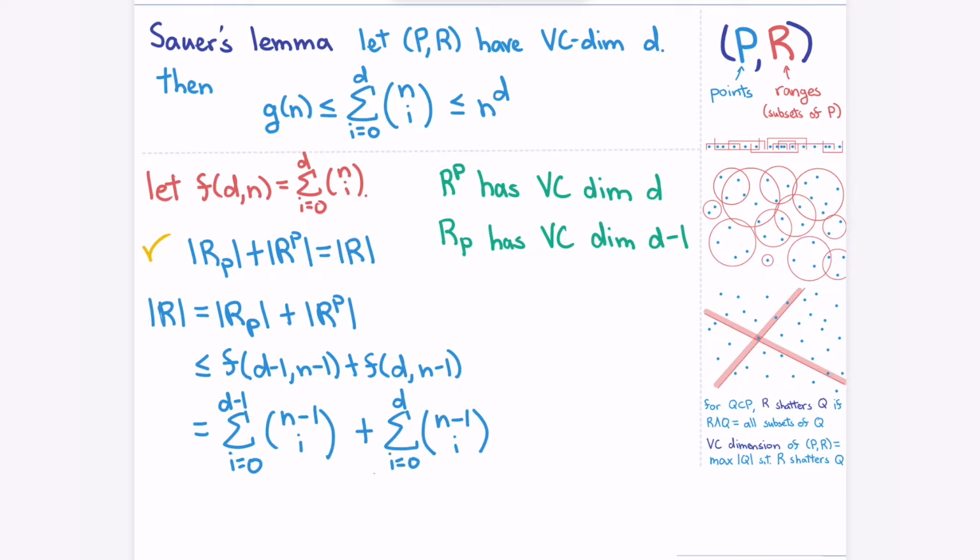If you start plugging in, this identity is chosen to satisfy this recursion. This is summing up subsets of n minus 1 points for all sizes from 0 to D minus 1: sets of size 1, sets of size 2, sets of size 3.